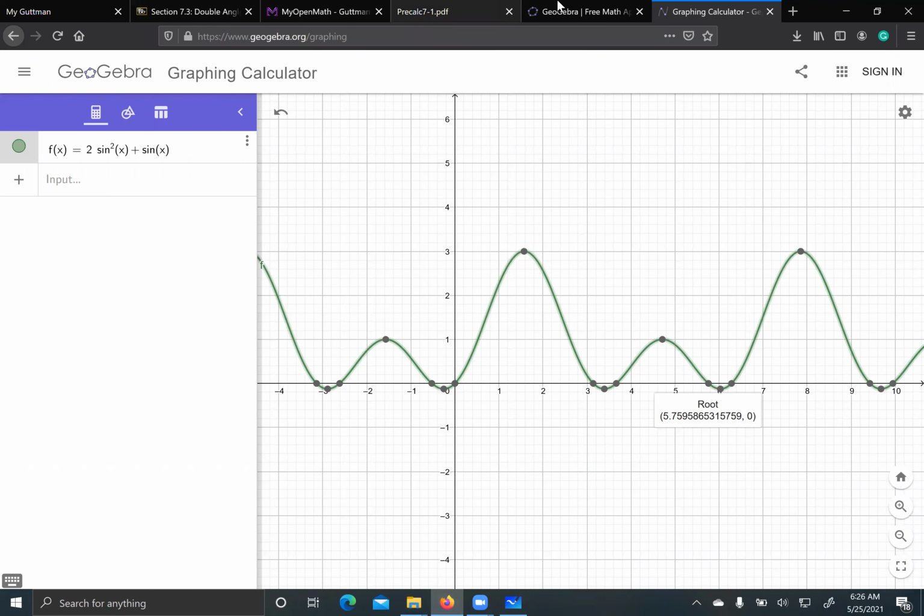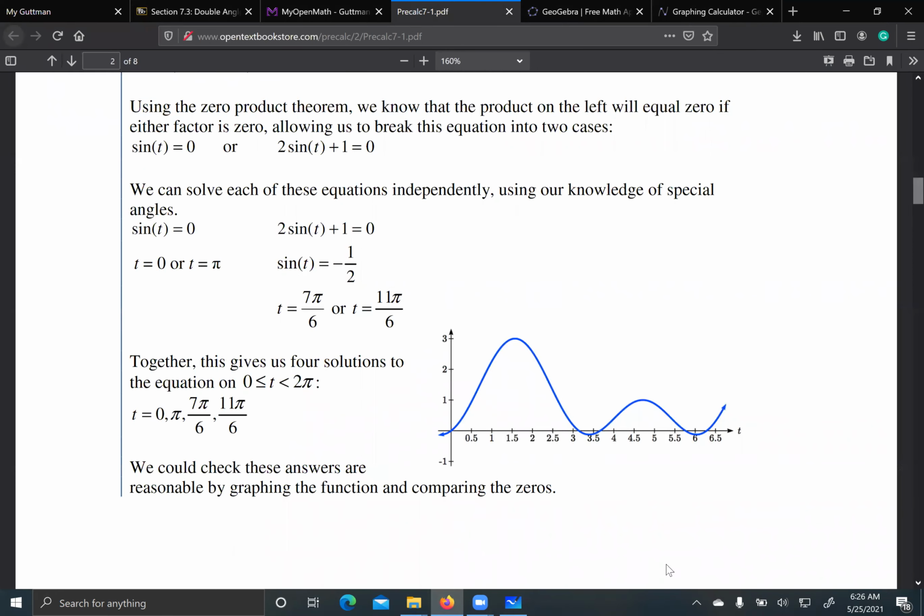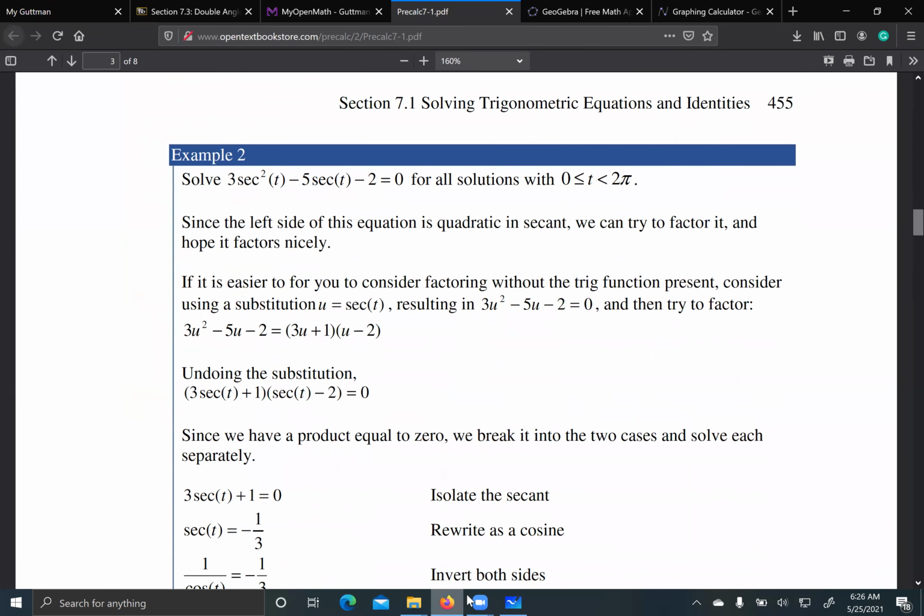So now let's do another example. Okay, now let's look at example 2.